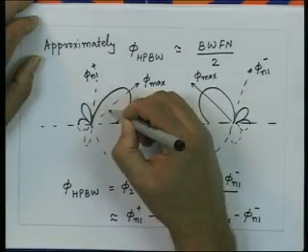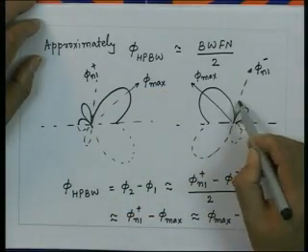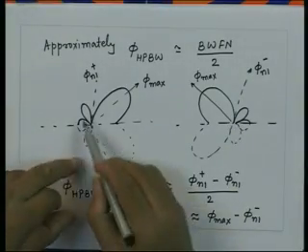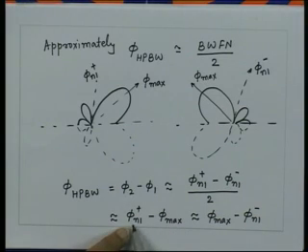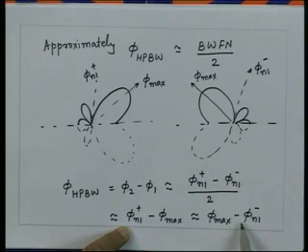So this angle is approximately equal to the half power beam width. The same is true here, this angle corresponds to the half power beam width. So if I have a situation like this, I will say the half power beam width is phi n1 plus minus phi max. If I have a situation like this, then I can say this is phi max minus phi n1 minus.